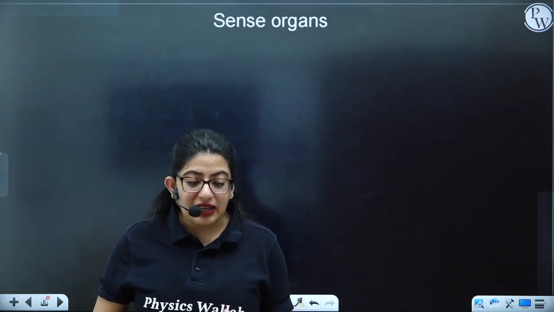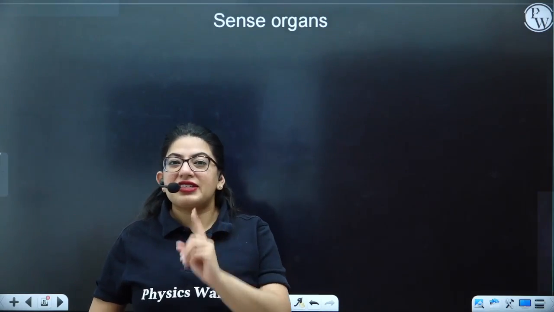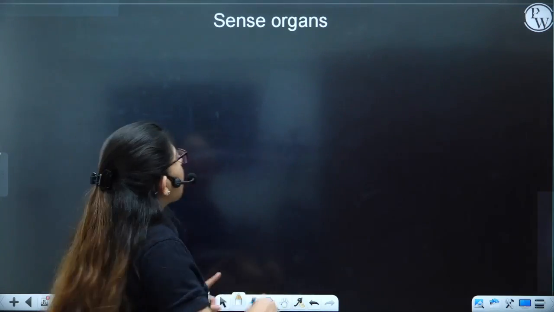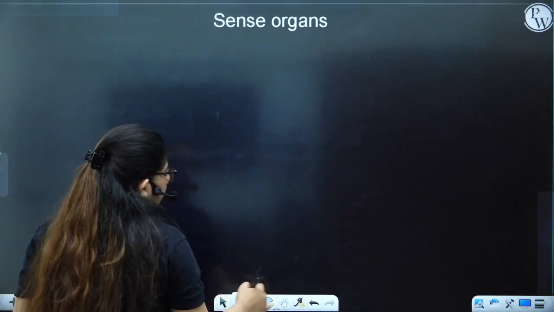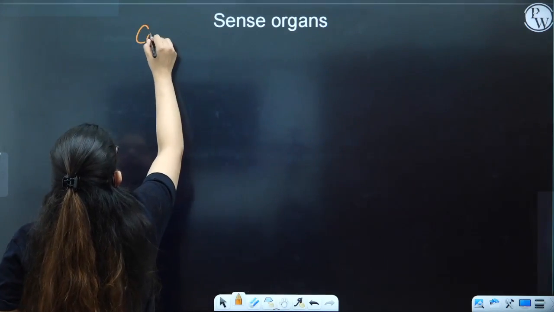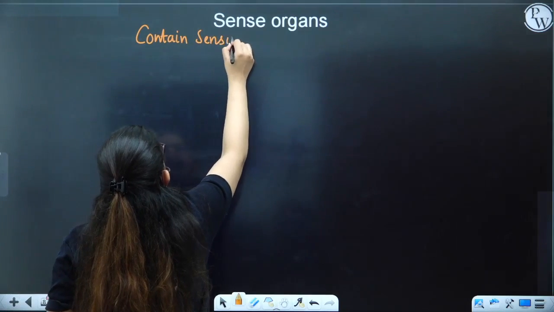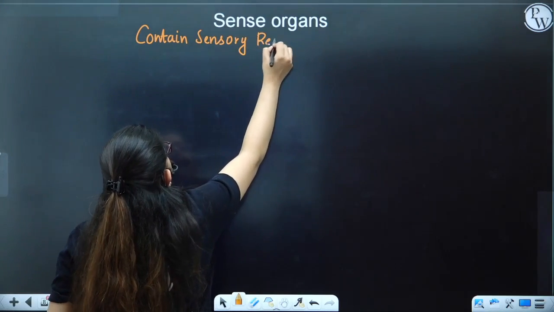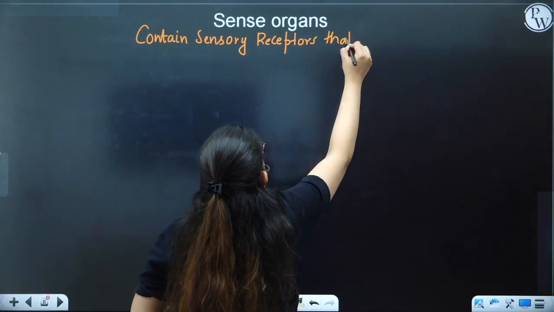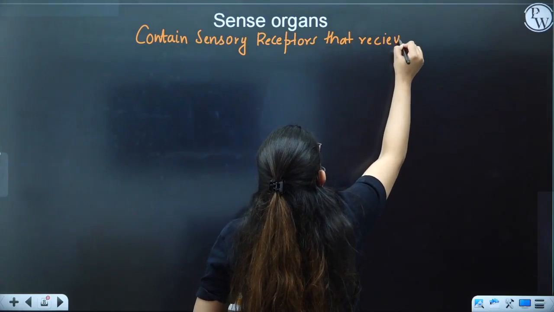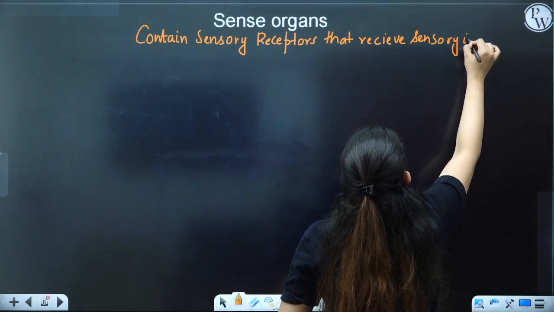Rather, there is an epithelium present inside the nose known as olfactory epithelium, which is sensing this information. So sense organs contain sensory receptors that receive sensory input or information.